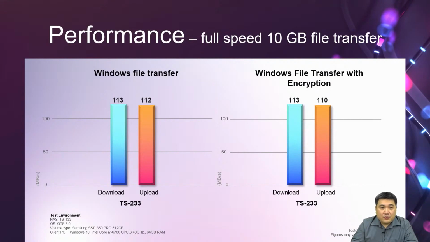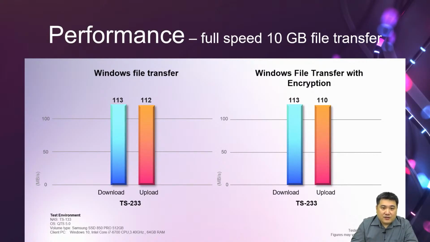To help you understand the file transfer speed of the QNAP NAS, I have some data for you here. In this performance test, we transferred a large file of 10 GB between a PC and the NAS.